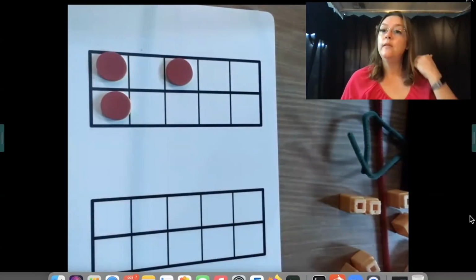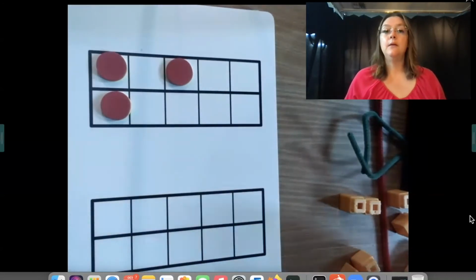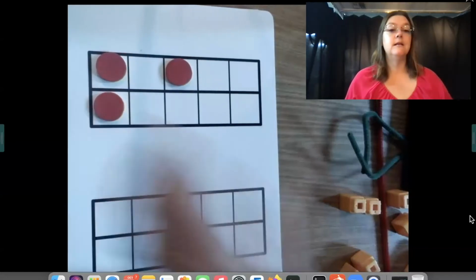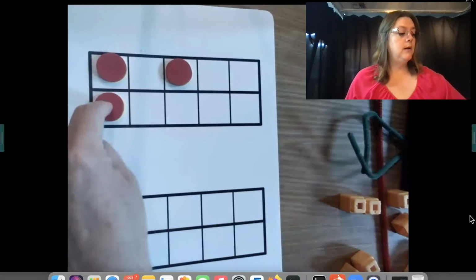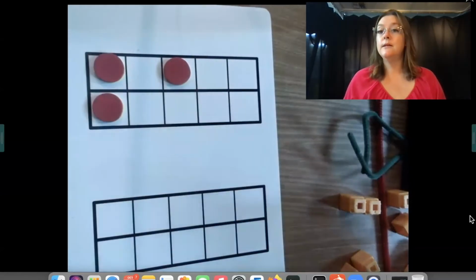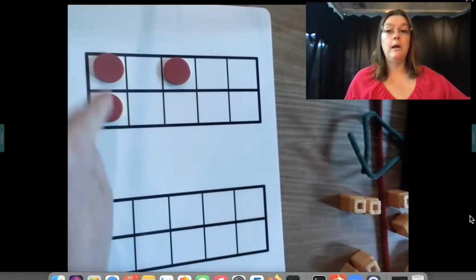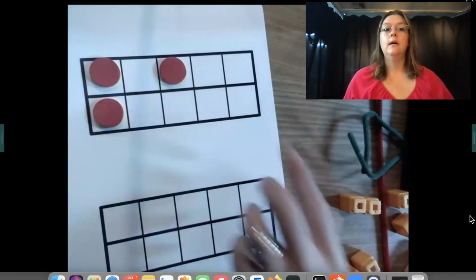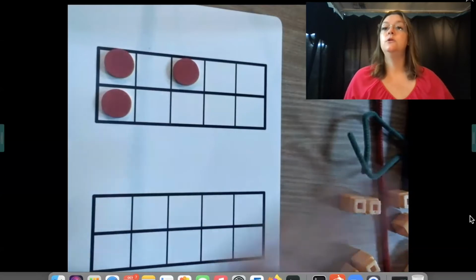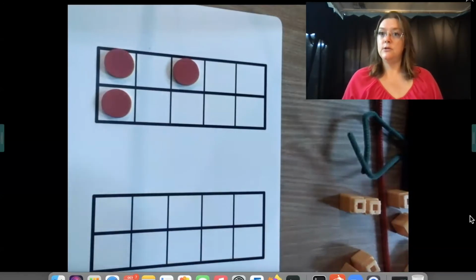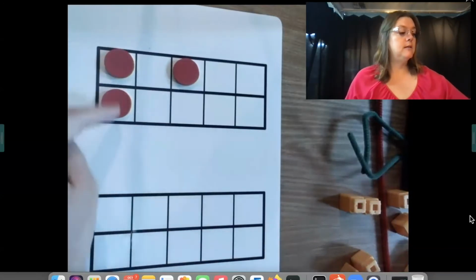Now, I do want them to organize, but sometimes our kids will lay these out and they'll be like this. And can you tell me that's 3? How do you know that's 3? There's 2 here and 1 here. I didn't say plus, did I? I said there's 2 here and 1 here. And so that's some of the things that we can talk about. That's the inclusion of a number, as we call it for teachers. So understanding that 2 and 1.